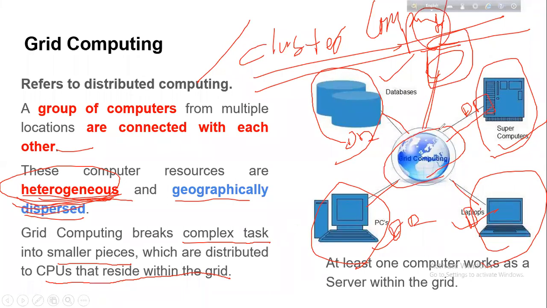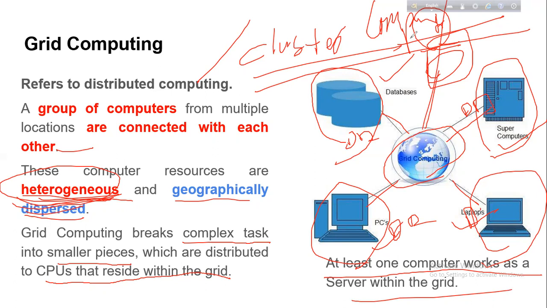Once the jobs are done, they are collected and served. So in this grid computing technology, at least one computer works as a server within the grid. That's how the server does that part.